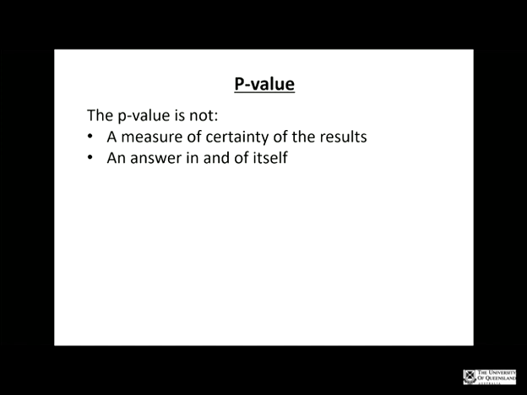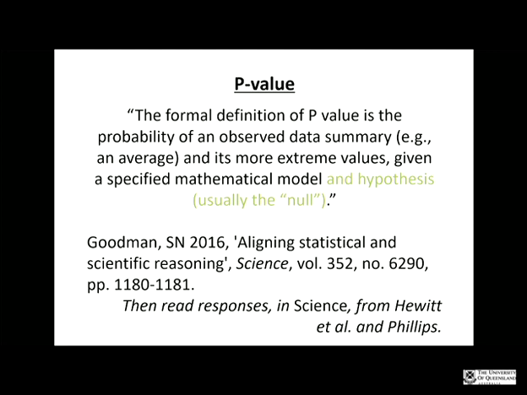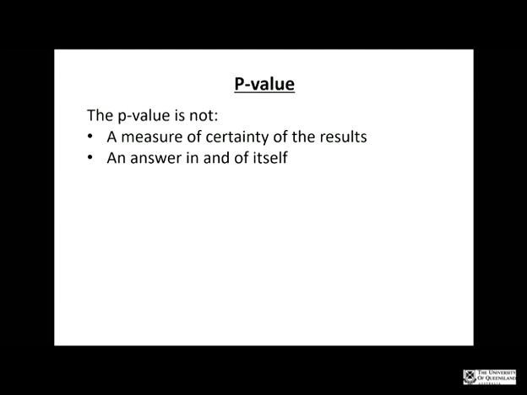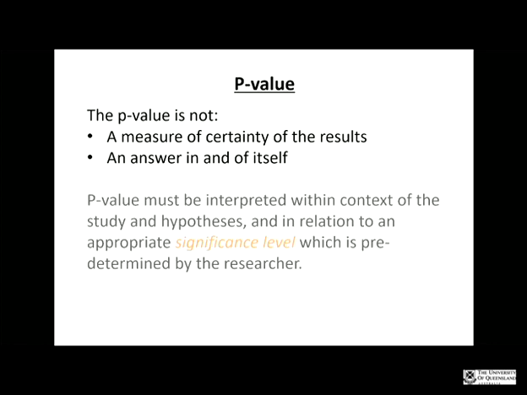What the p-value is not: it's a probability between the mean and the sample that you get, but it's not a measure of certainty of results, and it's not an answer in and of itself. I'll explain that, and it makes sense as soon as you think about it. We always have to interpret that p-value in terms of the study that we're doing and the significance value that has been selected.